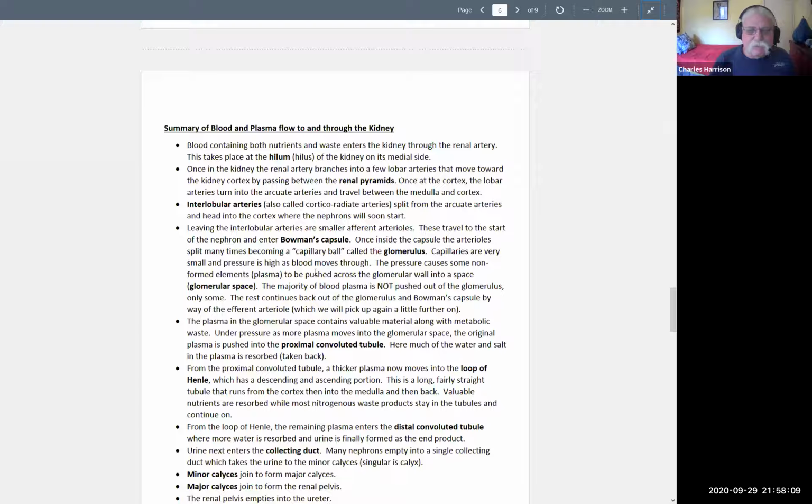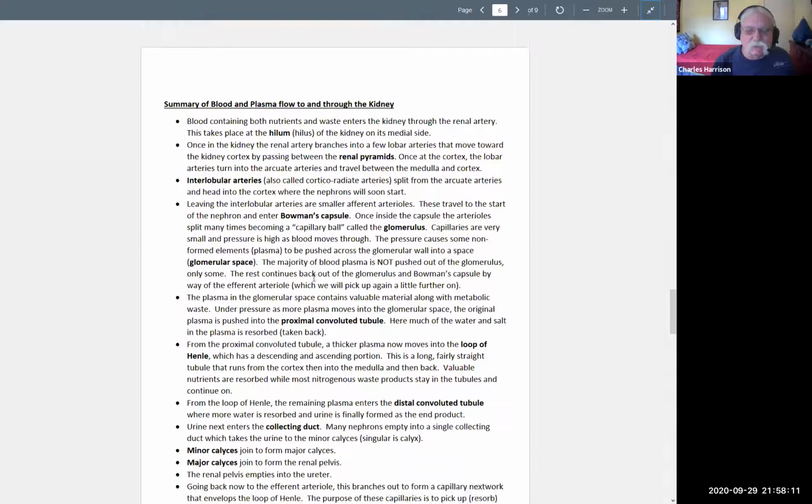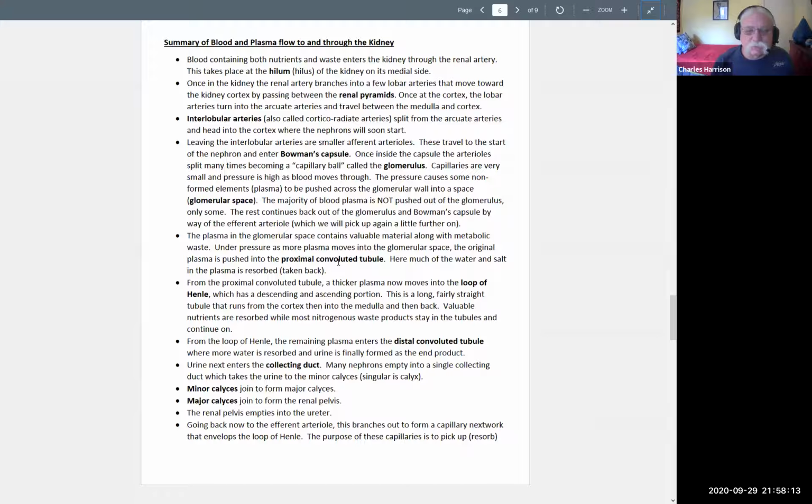Then this material moves into the proximal convoluted tubule. Why does it move? Does it swim? No, of course not. More material, more fluid, more plasma is coming all of the time. All of the time, material is going through the glomerulus.